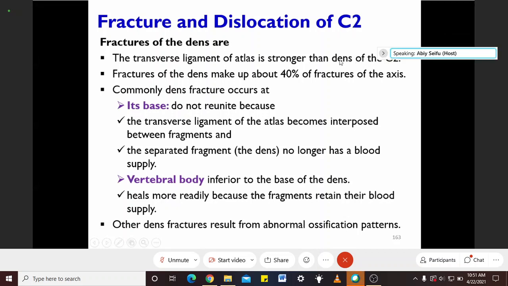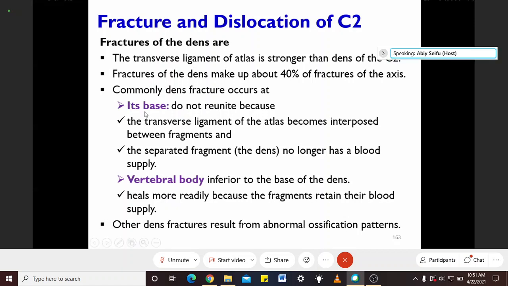Therefore, during high pressure applied on the neck, the ligament may resist that pressure, but the odontoid process becomes fractured. The fracture may occur at two points.